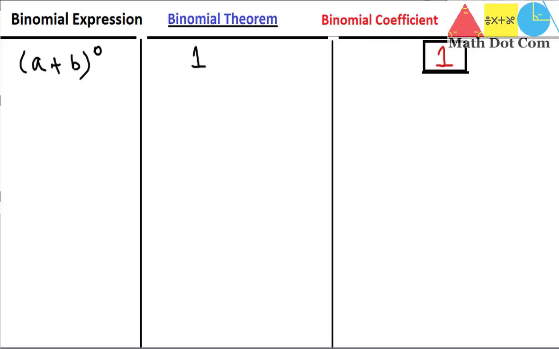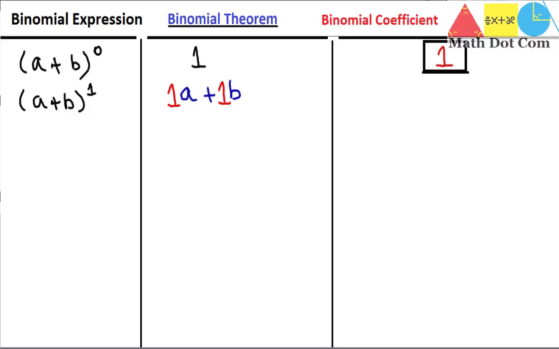Now if we increase the power to 1, like a plus b power 1, then we get a plus b. Here, what are the coefficients of a and b? It's obvious that the coefficients of a and b will be 1. We need not compute it here, as it is clear from the given binomial expression, because it's the simplest one.